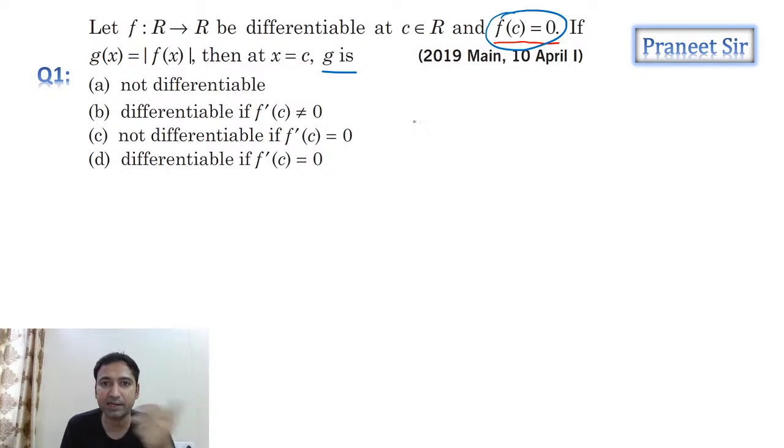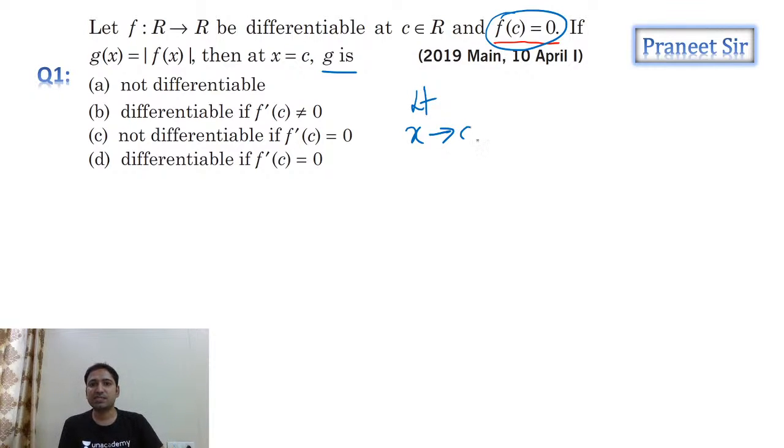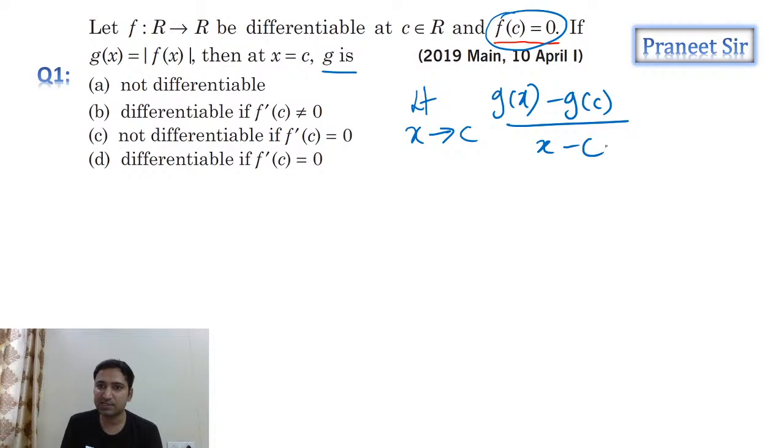To calculate whether g is differentiable or not, we need to check the limit x tending to c of g of x minus g of c by x minus c. This limit has to exist finitely.